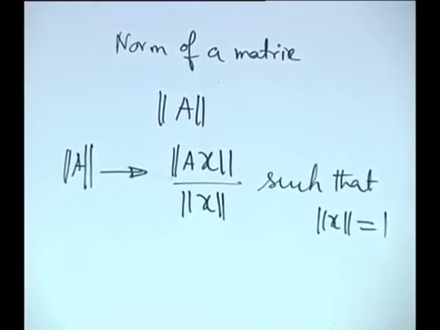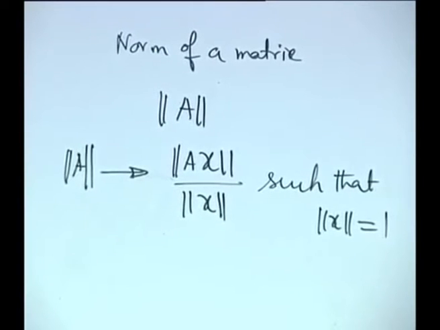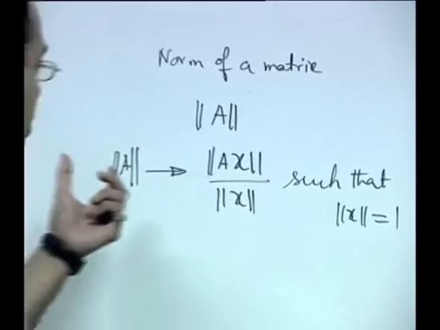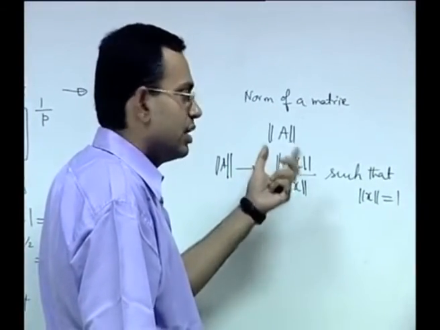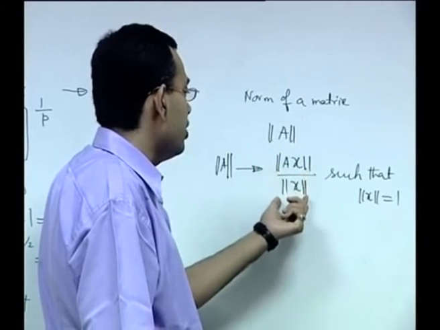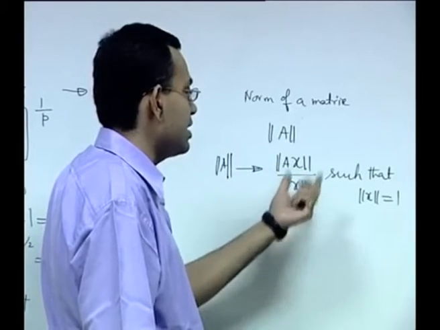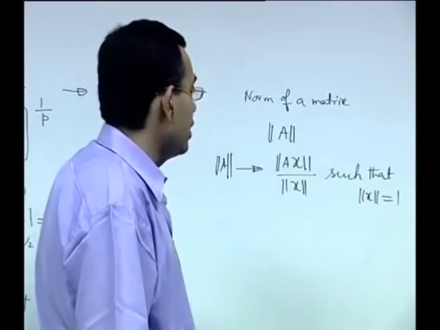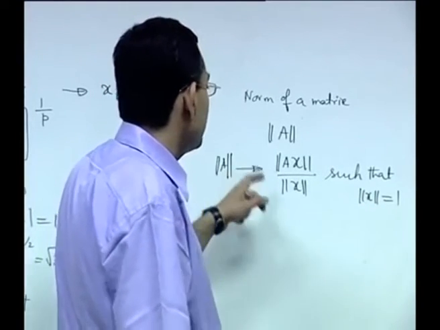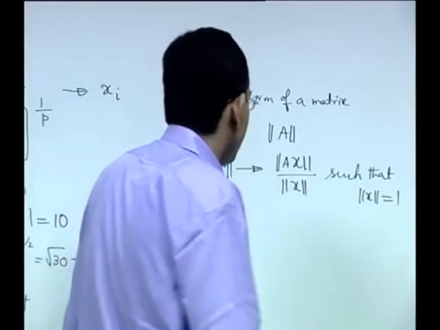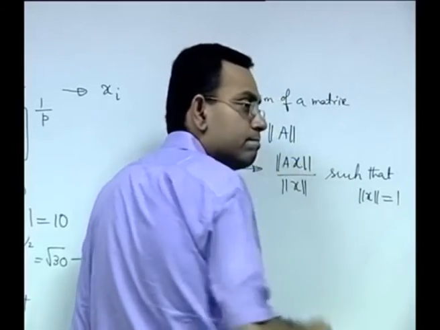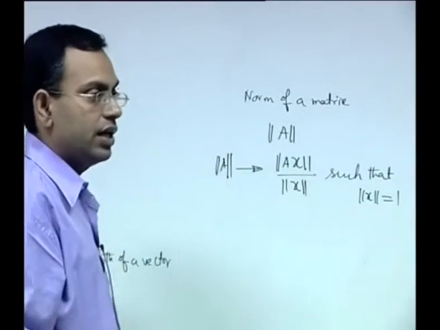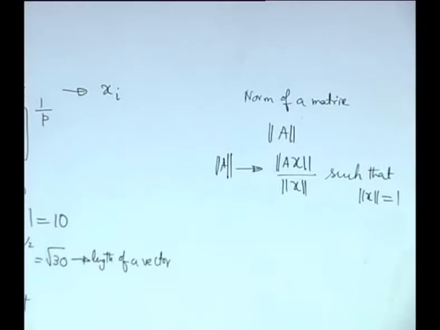So there are several possible definitions. This is one of the acceptable definitions: you consider any arbitrary vector x, you find out norm of Ax, you divide that by norm of x such that norm of x equals 1, then the corresponding norm of Ax will be the norm of A. Let us take an example to illustrate this.